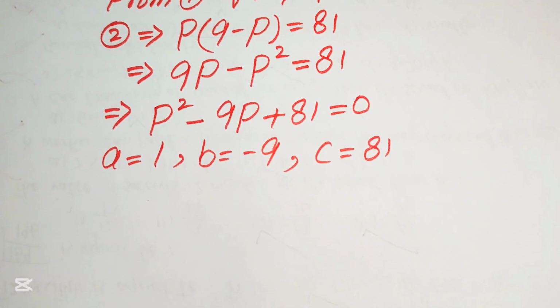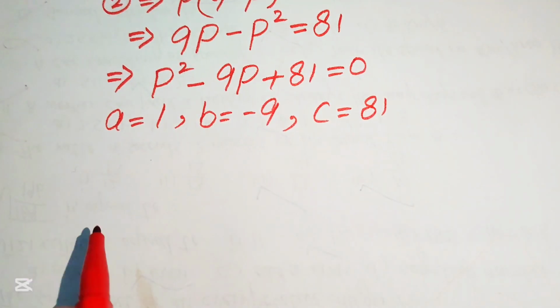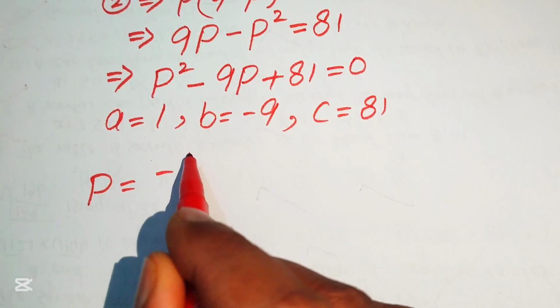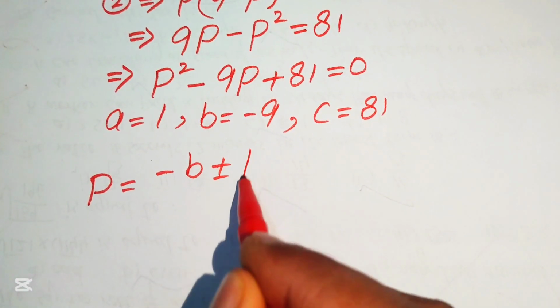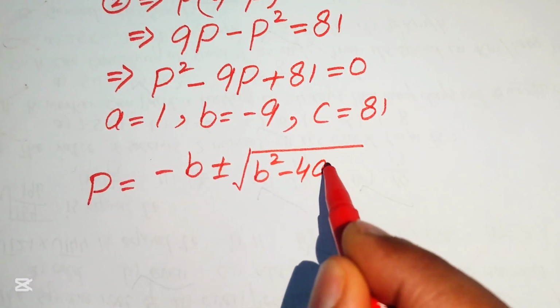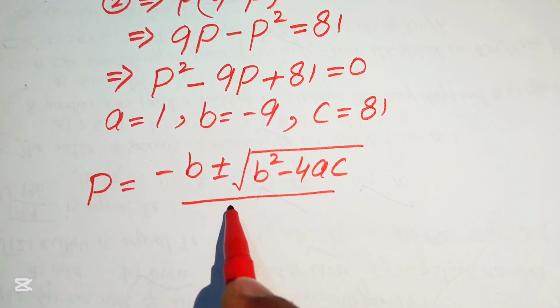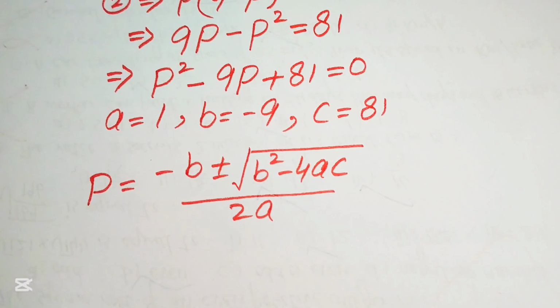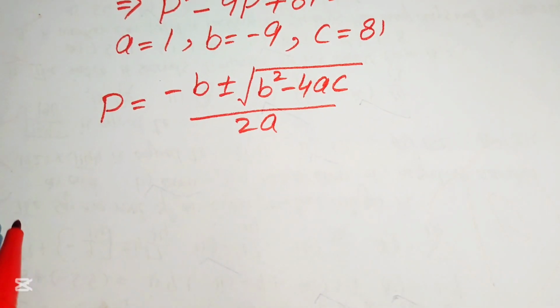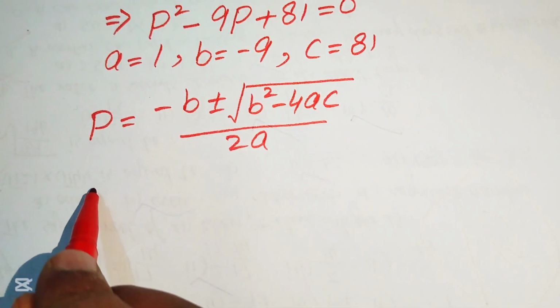Now we use the quadratic formula. The quadratic formula is stated as p equals minus b plus minus square root of b square minus 4 times ac, divided by 2 times a. So this is our quadratic formula, and now we need to substitute the values of a, b and c in this formula.